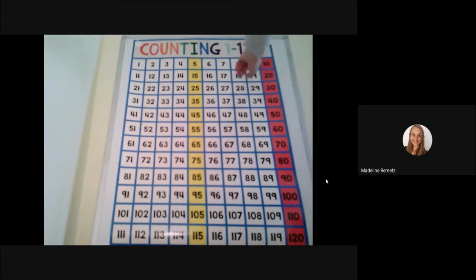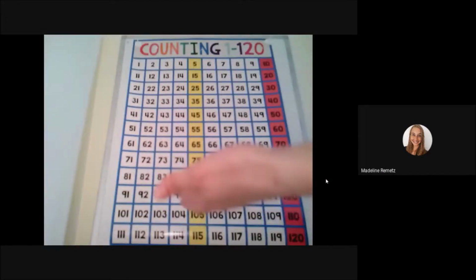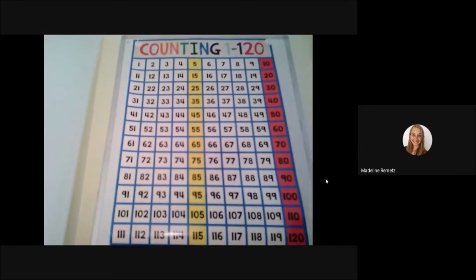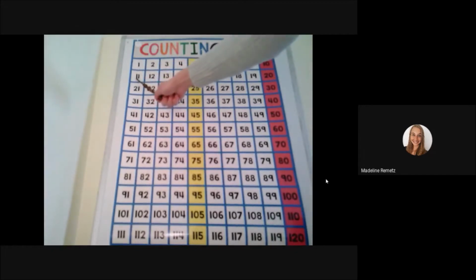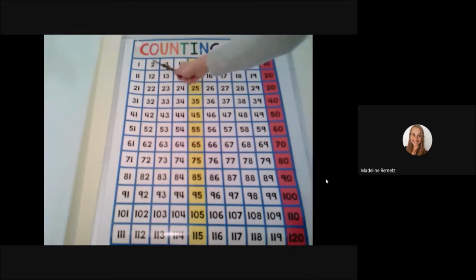Our bundle is the 10s. Our lonely sticks, or today, our lonely cubes, if you can see them, they are the single digit numbers. So you can see here we have 110, and we're back to having 1, 1.